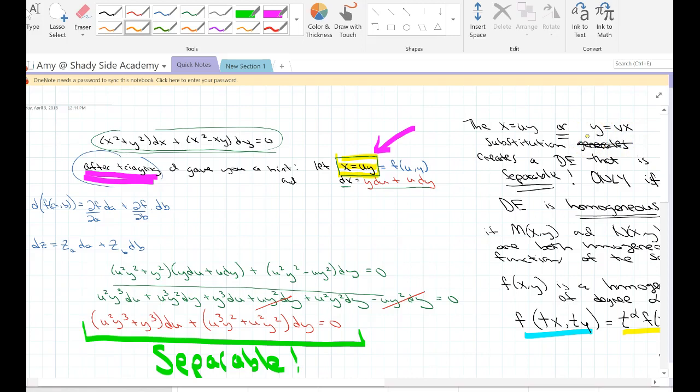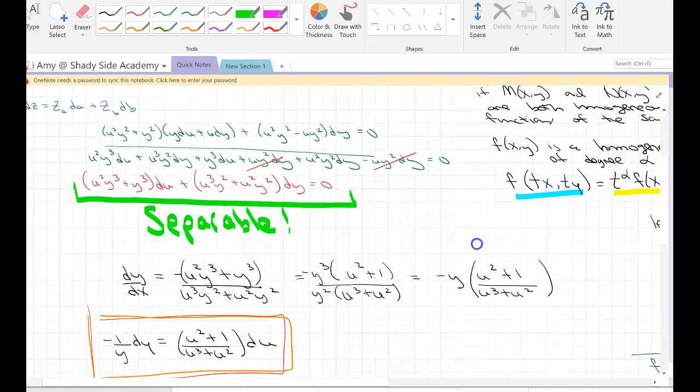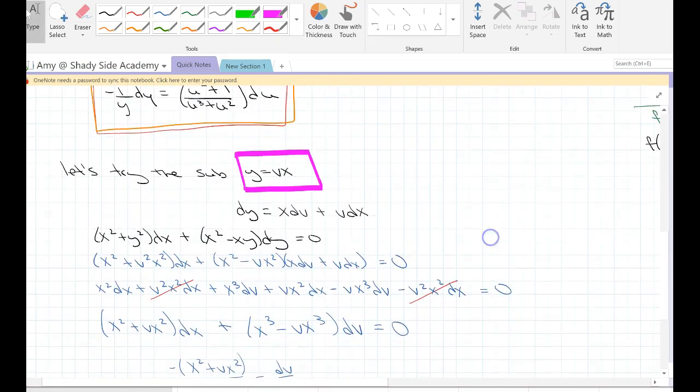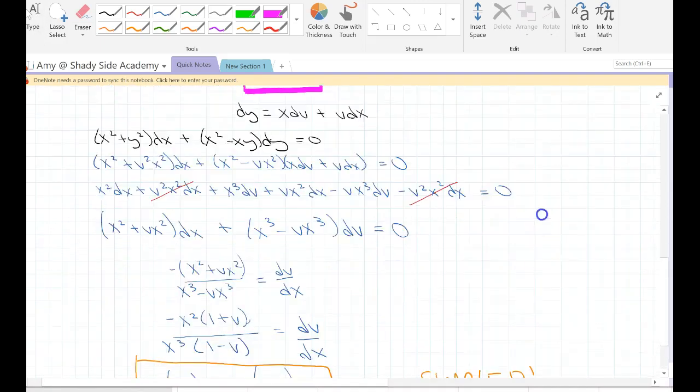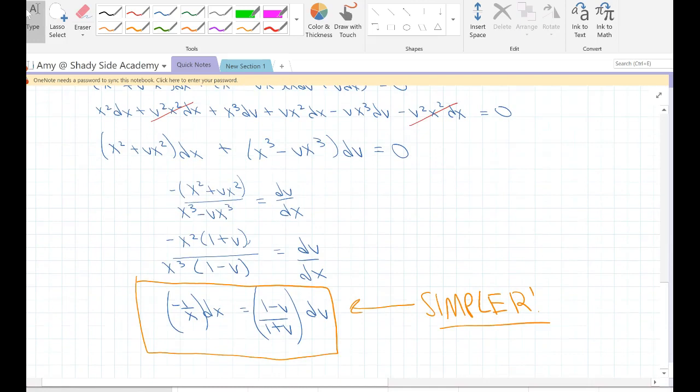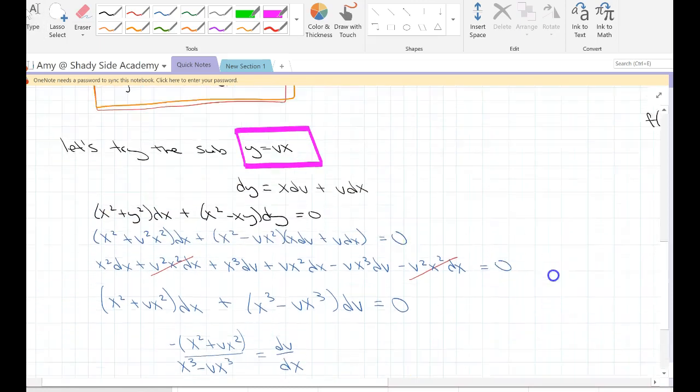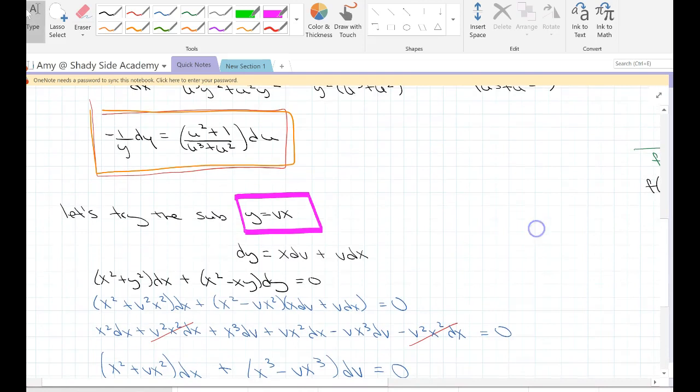Do you see any connection between the original diffy-Q and the result between differential equations, one being simpler versus the other? I think a more succinct way to answer this question is, what is the connection you see between the relative complicated appearance of M versus N and your choice of choosing x equals uy or y equals vx?